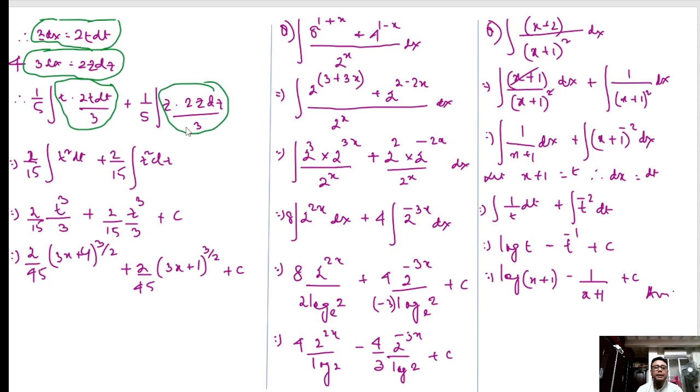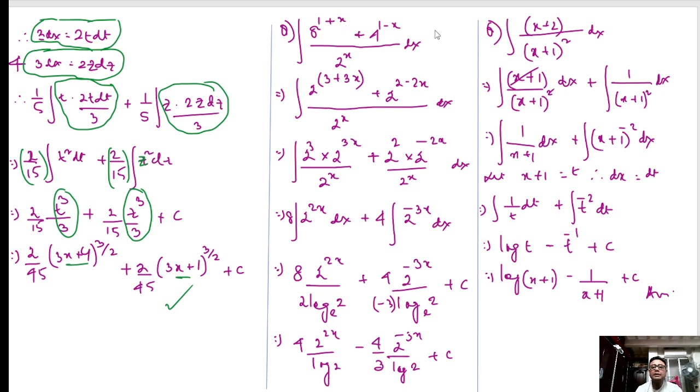So from here 2 by 3 and 2 by 3 go out. Then it is the integration of t², which is t cube by 3, and z², which is z cube by 3. Putting the values of t and z, we get the answer.